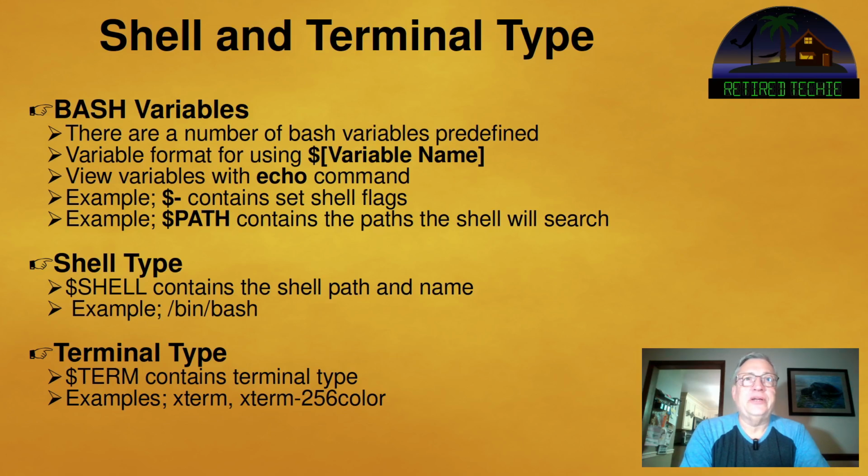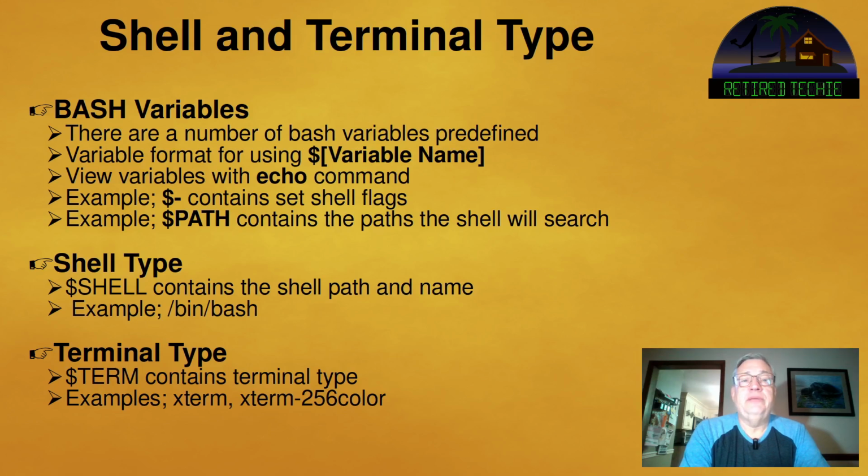If you're running a strict console with no GUI, it'll probably come up as just Linux. For the purpose of this video, I am assuming we are in a bash shell, and the xterm-256color indicates a 256 color terminal, which most modern terminals should support. If you are running a straight text console, no GUI, the TERM variable will probably come up as Linux.